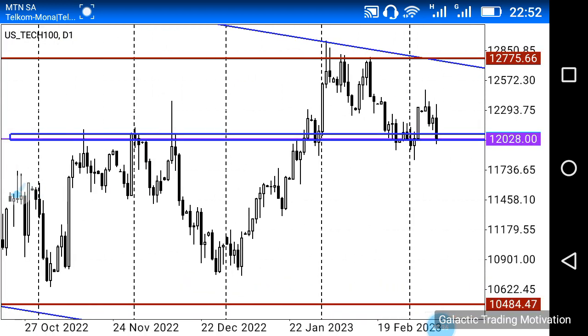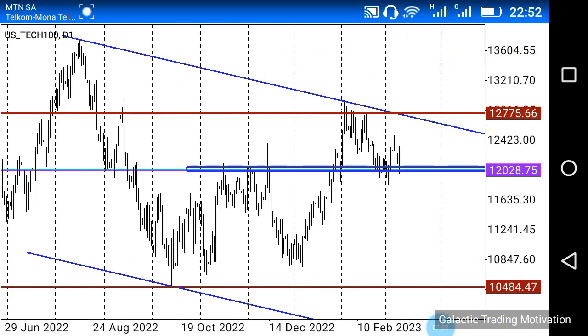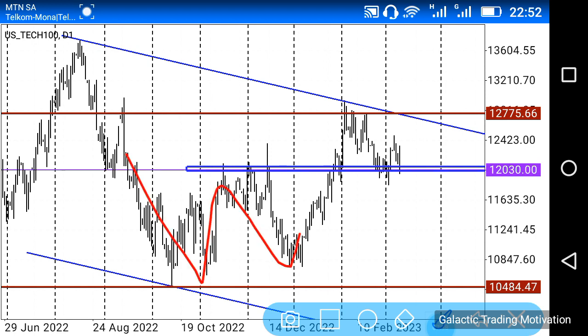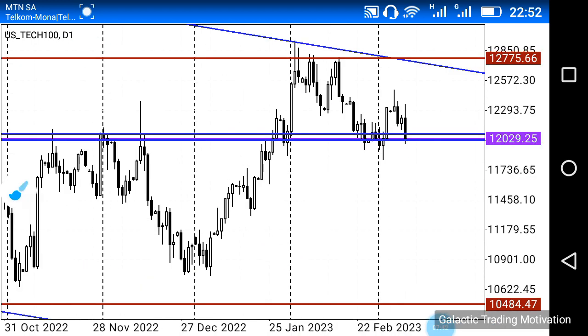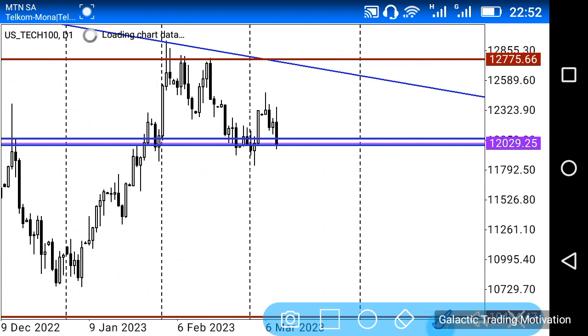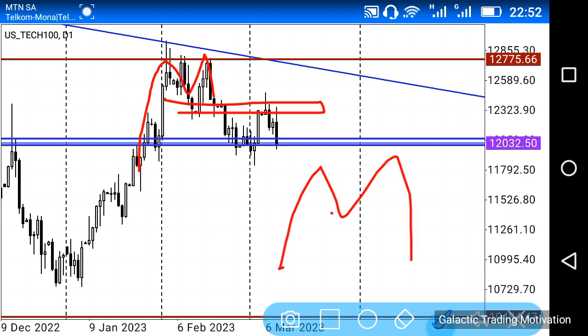So what else do we have, guys? As much as we have this W structure over here, can you guys also see that we had another M structure over here, which also had a neckline at that point, right? So you saw price creating an M structure, right, and then also breaking to the bottom side of that M structure, and then coming back to that neckline to test it, right, which is over here.